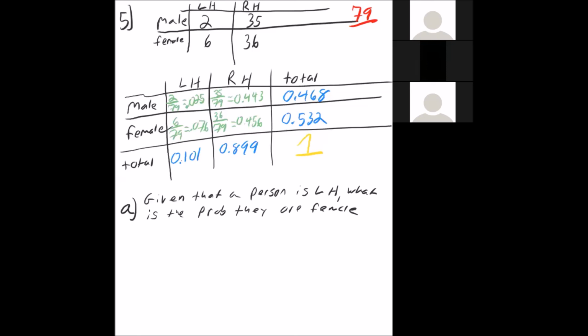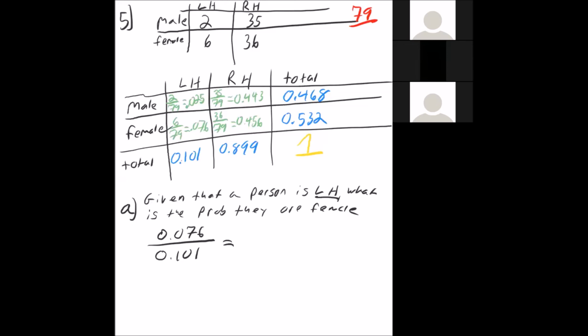All right, so you look at the two things that they're telling you here. We know that, given that it's left-handed, I'm going to be looking at my left-handed column, and then going to that female, which is that 0.076, like you said. That's going to be your top number. But your bottom number for the probability would be, it says given that a person is left-handed, so we go to the total of left-handed, and that's where my bottom number is going to come into play.